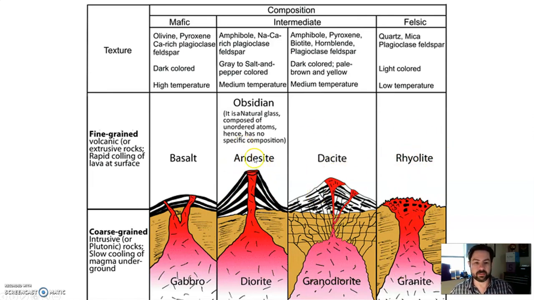The different chemical composition of this molten material will also give us different volcanoes, and whether it's extrusive or intrusive and how those are paired up. The minerals, going back to Unit 5, may be indicative of some of these things.